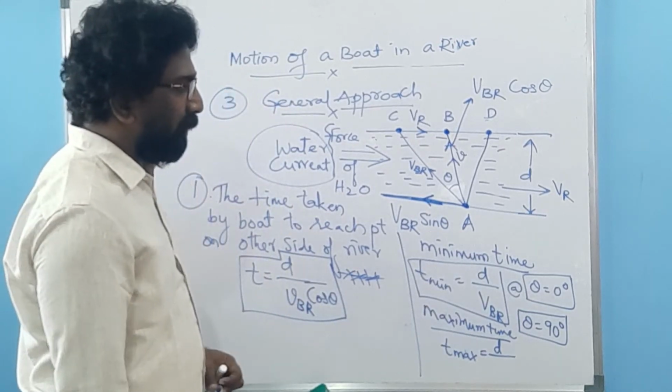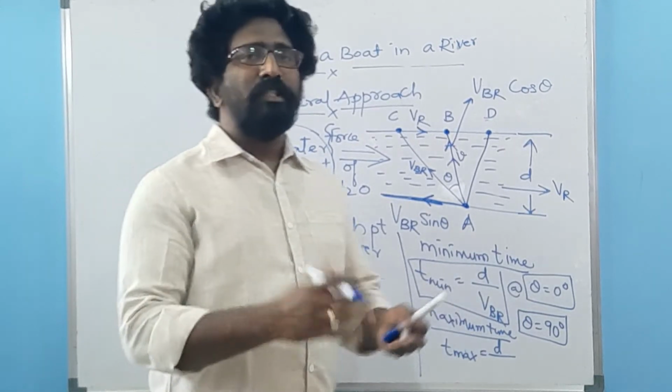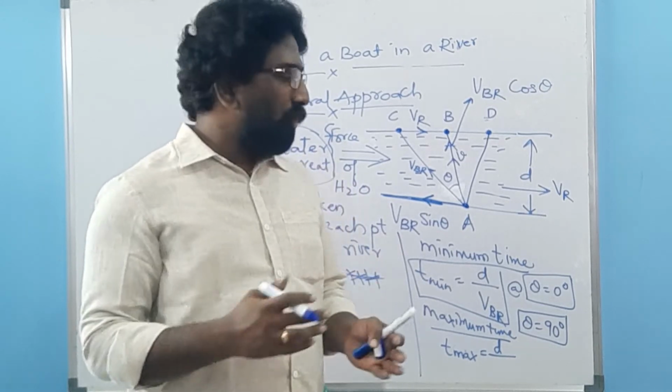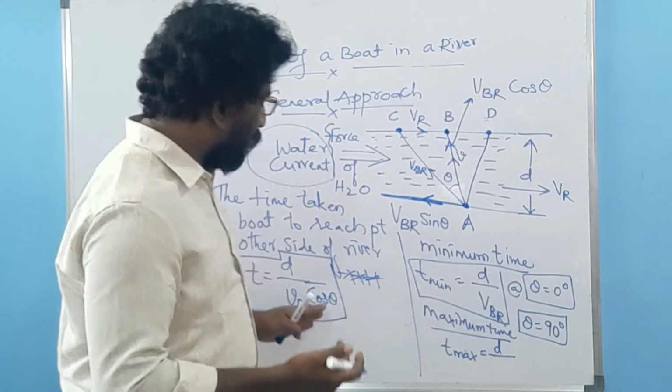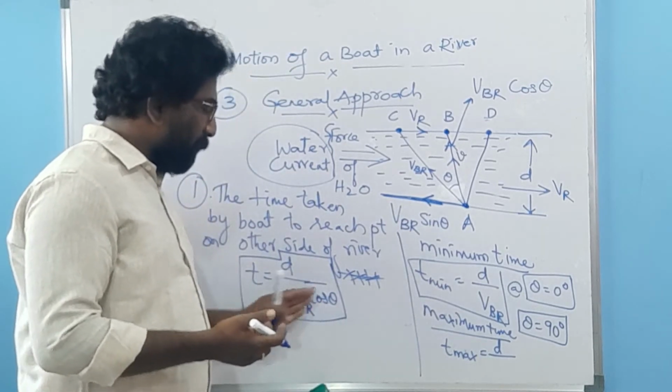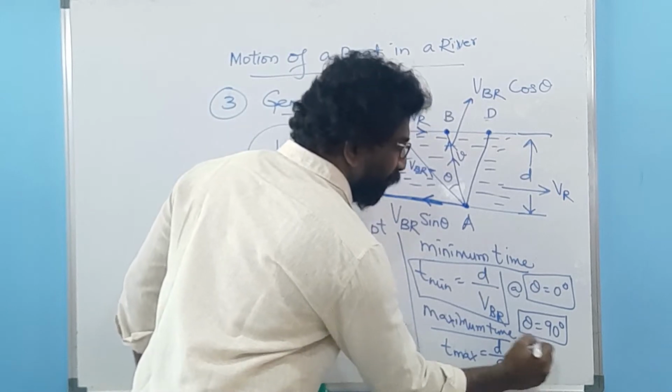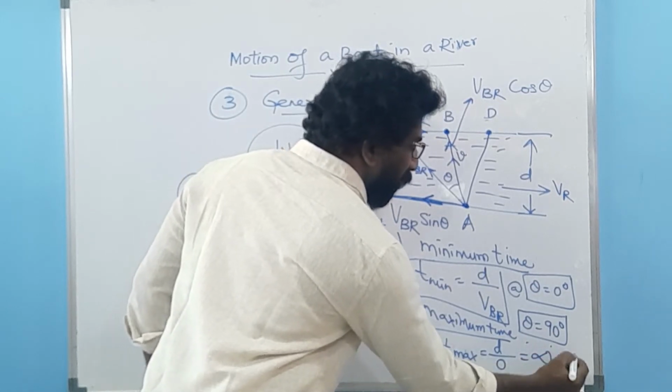What is cos 90? Cos 90 is equal to 0, so the entire denominator becomes 0. So it becomes D over 0, that is infinite. These are very important objectives.